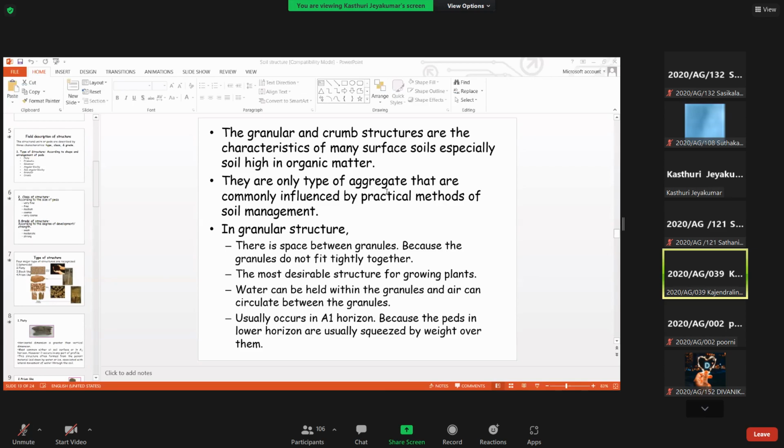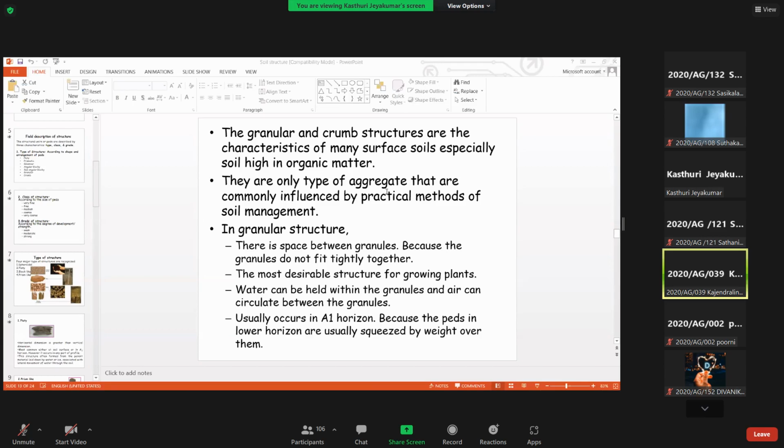Next, peds are in different types, fine, medium, or coarse, that is the degree of development of structure. Structural units, peds, are in three types: type, class, and grade. Type of structure: platy, prismatic, columnar, granular, crumb, and class of structure: fine, very fine, medium, coarse, very coarse.